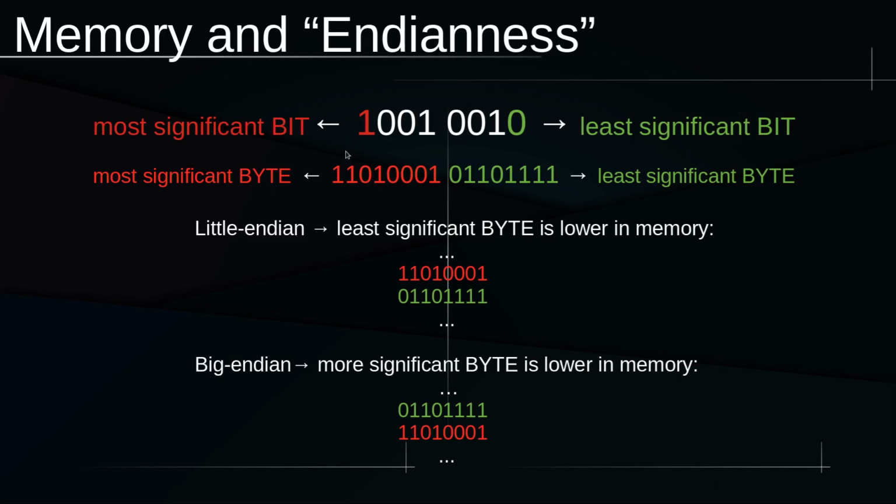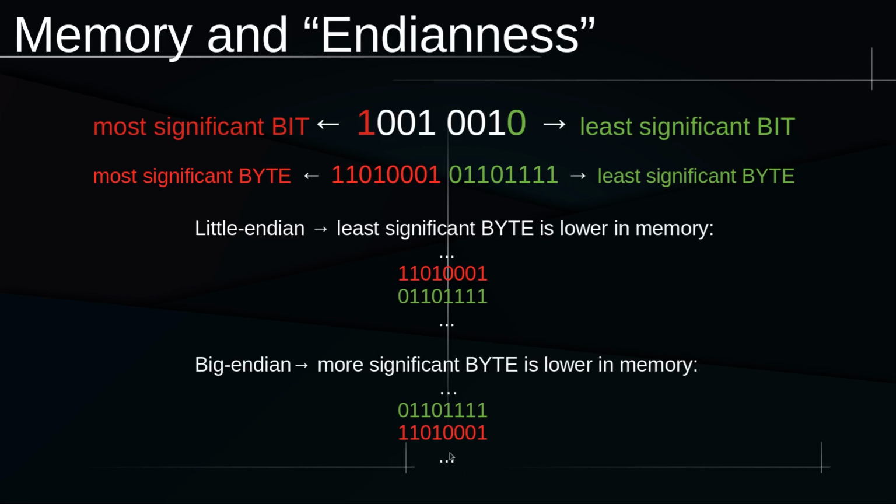Well, actually, it's the other way around, since the way we usually read numbers as humans is from left to right. So little-endian, since the least significant byte is lower, and we start reading numbers from the more significant digits, we read from top of the memory down, okay?